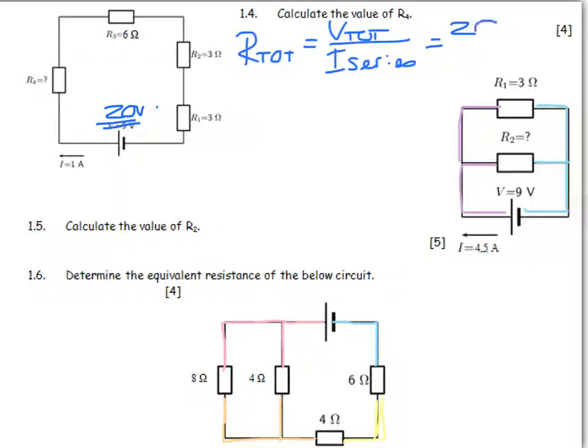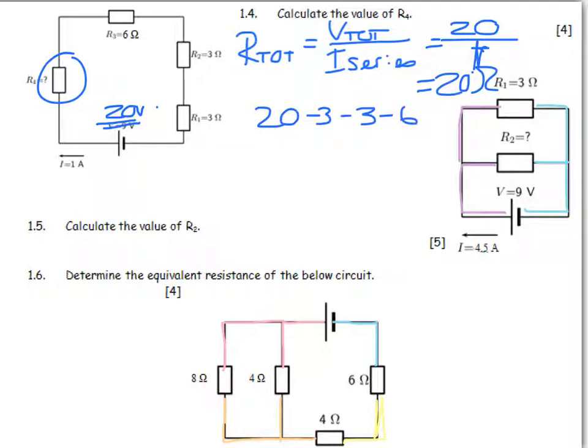So it's going to be equal to 20 divided by the series current, which is 1, so I land up with 20 ohms altogether, and therefore R4 is going to be 20 minus 3 minus 3 minus 6, which is going to be equal to 8 ohms altogether.